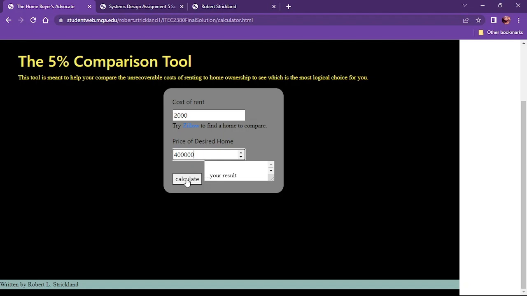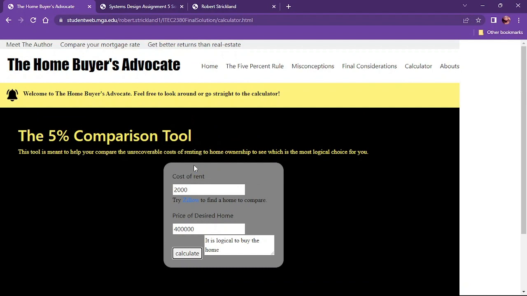And what we would get is it tells you it is actually logical to buy the home because in that situation you're saving money by buying a home of that price rather than renting for $2,000 per month. And that right there concludes the website.